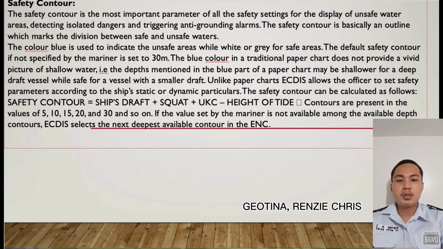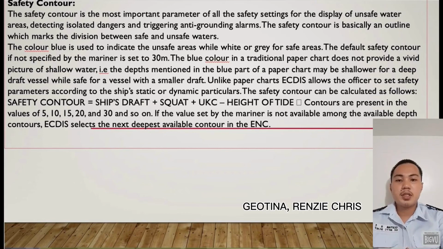The blue color in the traditional paper chart does not provide a vivid picture of shallow water. For example, the depths in the blue part of the paper chart may be shallow for a deep draft vessel, while safe for a vessel with a smaller draft.